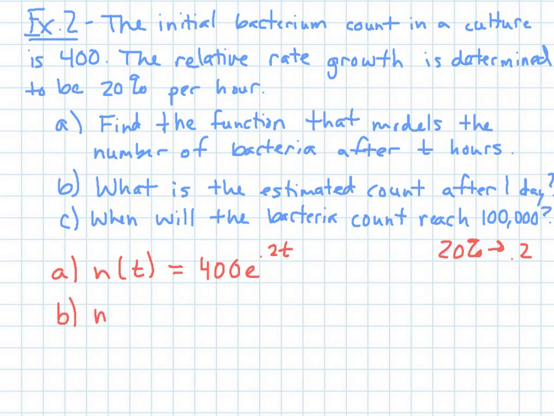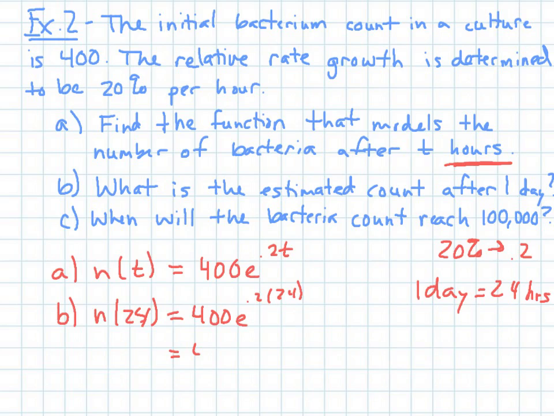Since we're saying in hours, I need to plug in hours for a day, so I convert that to 24. So 24 is the time that I plug in: 400 times e to the 0.2 times 24 power.